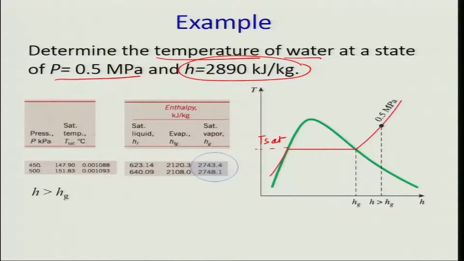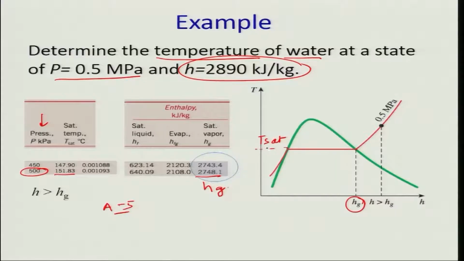From the table, we go back and look at table A5 where the pressure is given, and find the saturation temperature. This is 500 kilopascal, equivalent to 0.5 megapascal, and the corresponding temperature is here, and the hg, which is here, is given by this value, 2748.